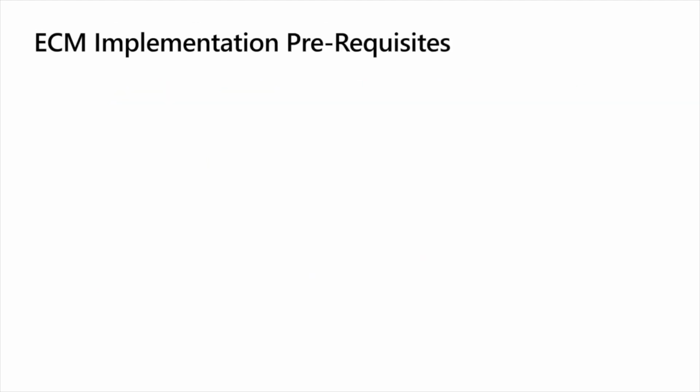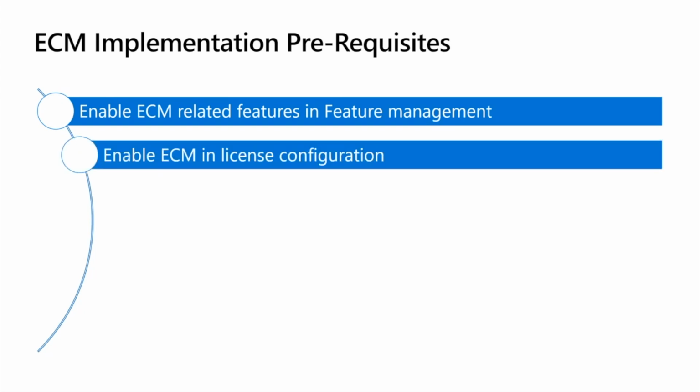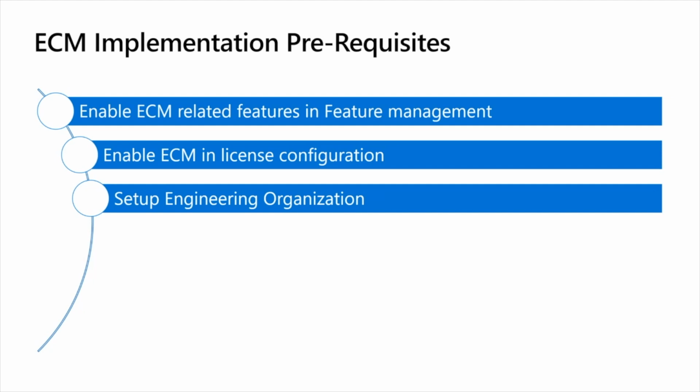Now let us quickly recap some of the prerequisites which you need to consider and configure. Each of these prerequisites we have actually covered in detail in our previous Tech Talk series. So in case you have missed that, you could refer to those and get more understanding. So you need to enable engineering change management and related features in feature management. You need to enable engineering change management and version dimension in the license configuration. The very first and important step is to create a setup of engineering organization.